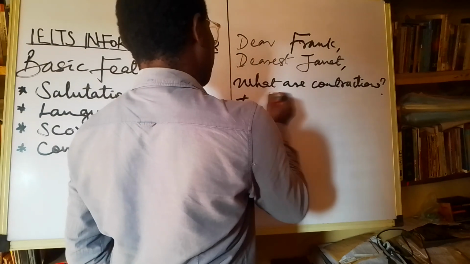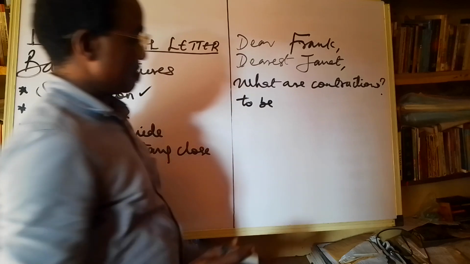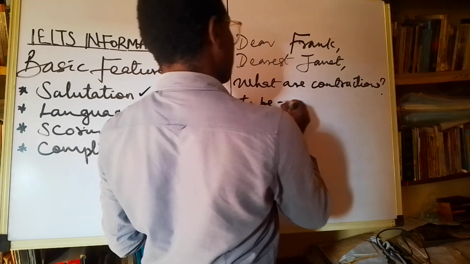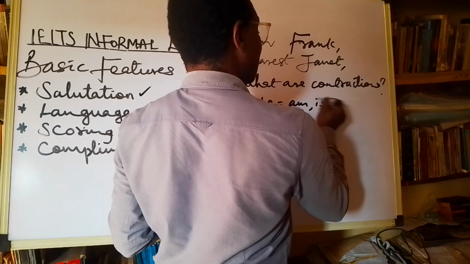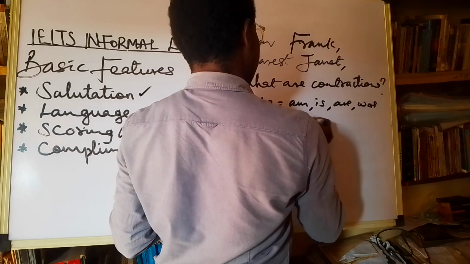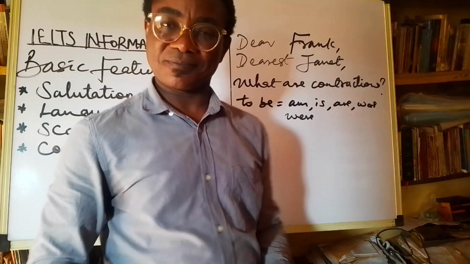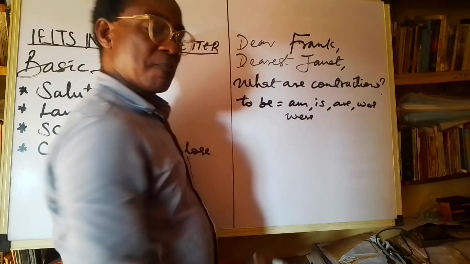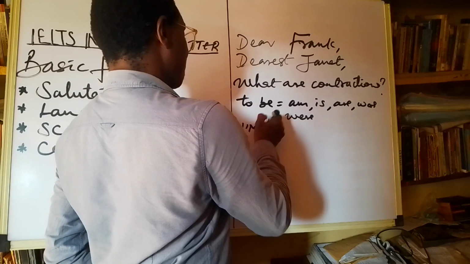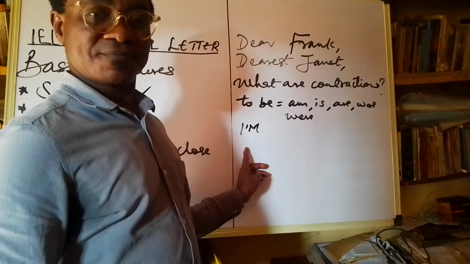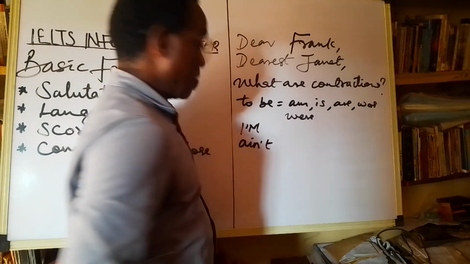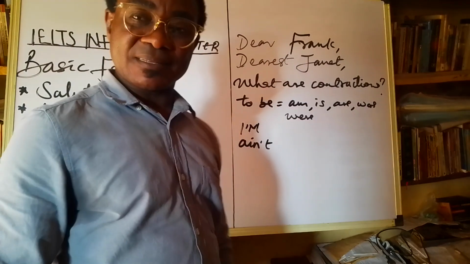One of the most popular forms of contractions are made from the forms of the verb to be. Am, is, are, was, and were. Take a look at this. From the verb am, we get ain't, meaning I am not.